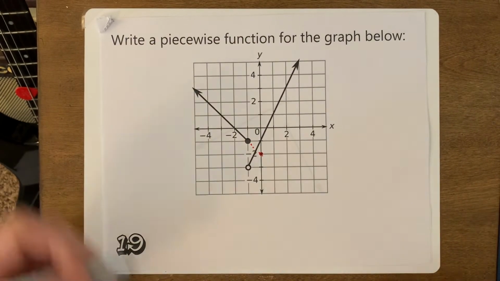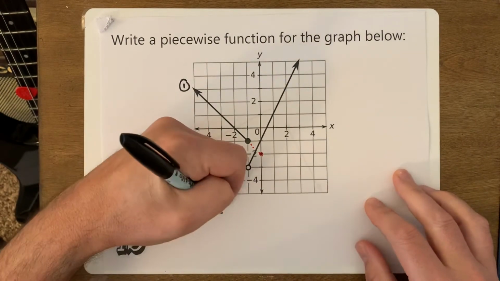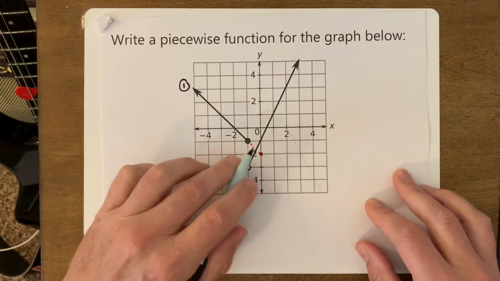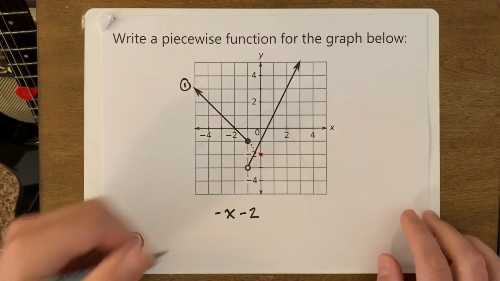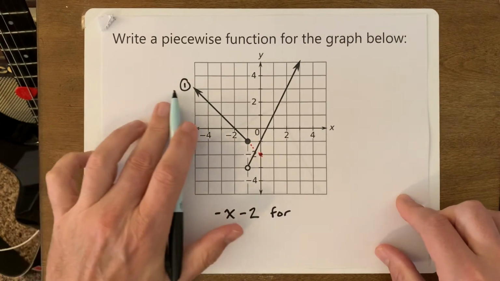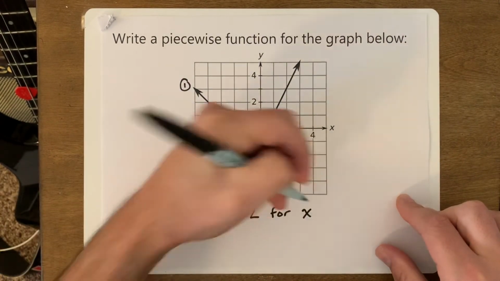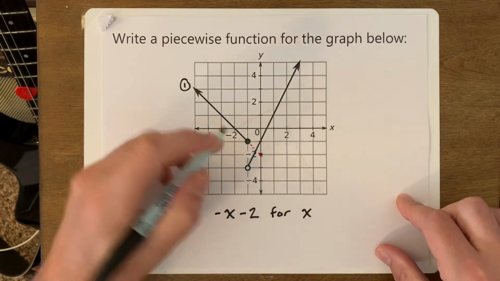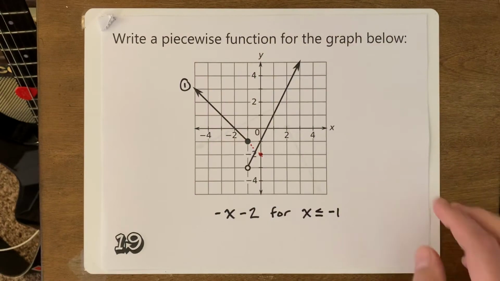So for the first piece, we're looking at -x from the slope and then -2 from the y-intercept. And that's for x all the way up to -1 right there, right? So for all x, and it is a closed circle, less than or equal to -1.